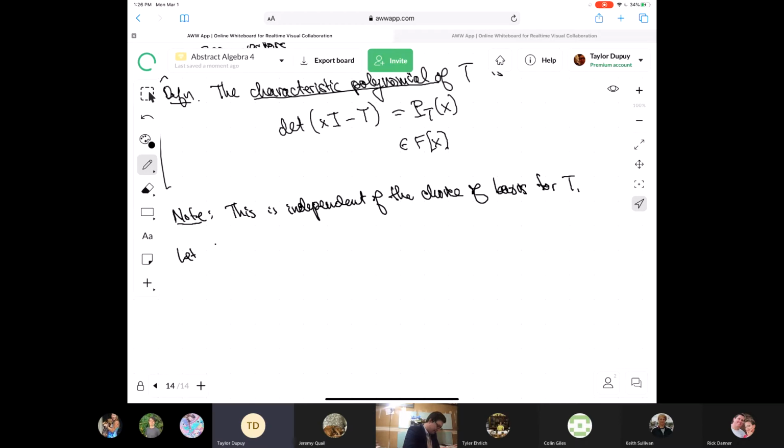Let A be a matrix for T in one basis. Let B be a matrix for T in another basis.